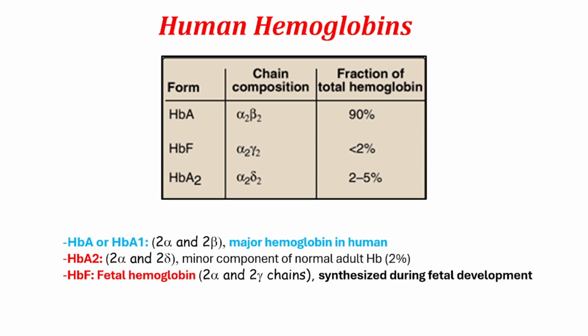When a lady is pregnant, most of the hemoglobin that the fetus has is hemoglobin F. It doesn't have hemoglobin A, it has hemoglobin F. After birth, hemoglobin F will decrease and be replaced by hemoglobin A. So in adults, we have hemoglobin A. In the fetus, and until about 6 months after birth, we have this hemoglobin F. It will represent a maximum of 2%, but in adults, most of our hemoglobin is hemoglobin A.